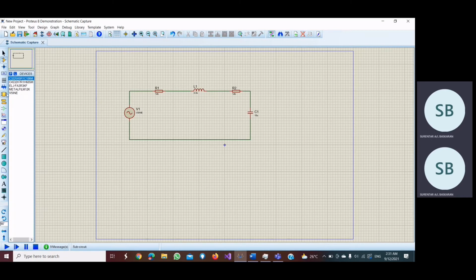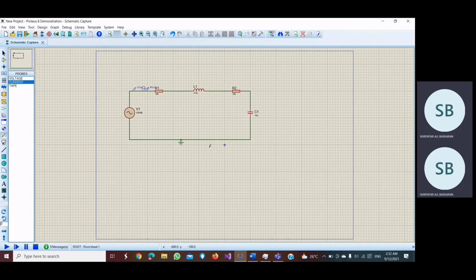Then we place the ground terminal somewhere around here, and add probes for voltage and current.